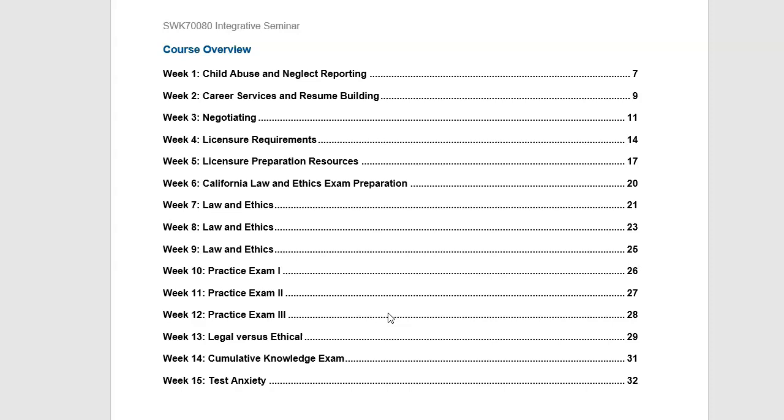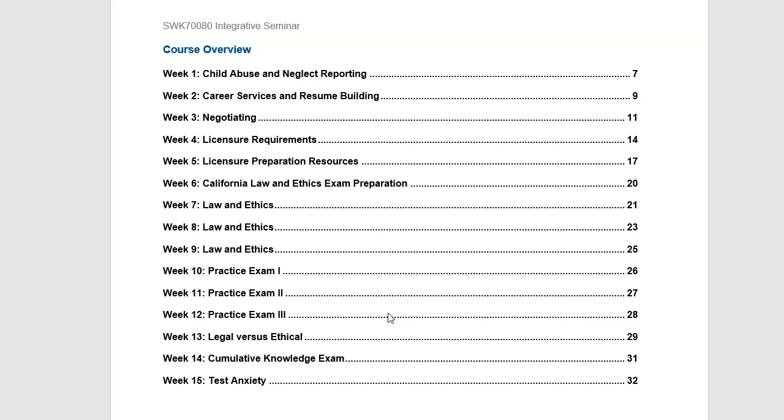Then weeks 4 and 5, we're going to do a deep dive into the licensure requirements in the respective states for the respective boards that you're hoping to get licensed in. I know all of you are in California currently, but it might also be helpful to take a look outside of states if you guys are planning on moving or possibly being duly licensed.